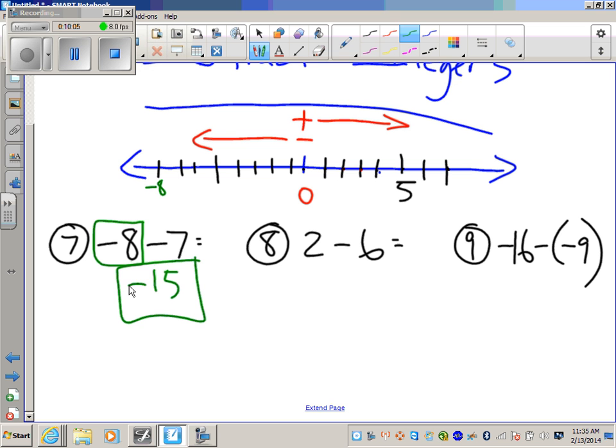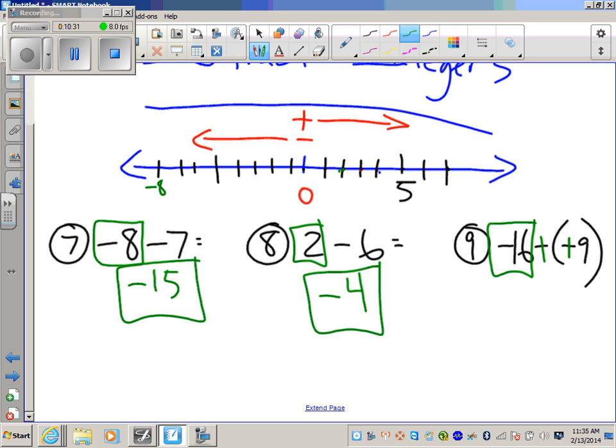2 minus 6, starting at positive 2, subtracting 6, negative 4. Now here, with the starting point of negative 16, that doesn't change. But subtracting a negative 9 really means adding 9.